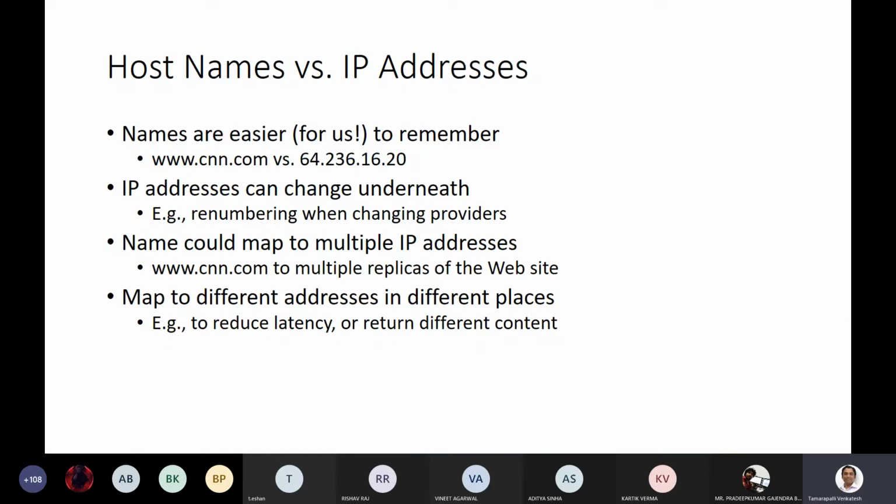So for example, all content originating from India doesn't have to go all the way up to the US. It can be served from a replica placed somewhere in New Delhi or Mumbai within a popular ISP of India.